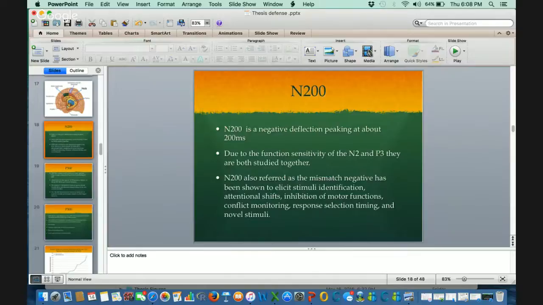The N200 is studied for looking at stimulus identification, attentional shifts, inhibition of motor functions, conflict monitoring and response selection timing, and novel stimuli. So if we see something new, this is the reason to recognize it, and it's supposed to send the proper signal to the P3 in order to initiate the appropriate response.